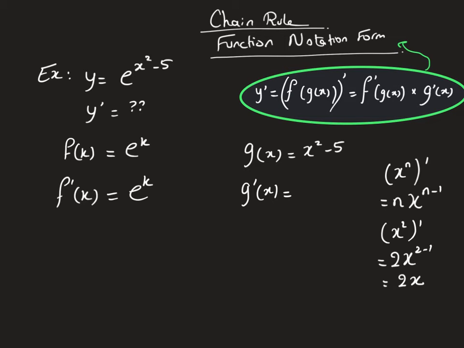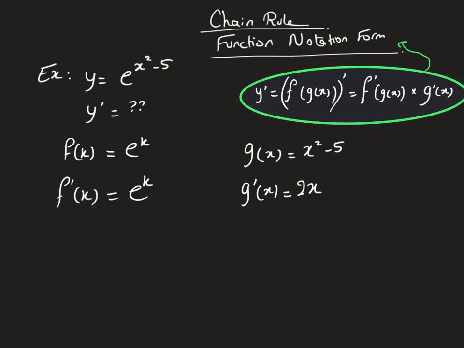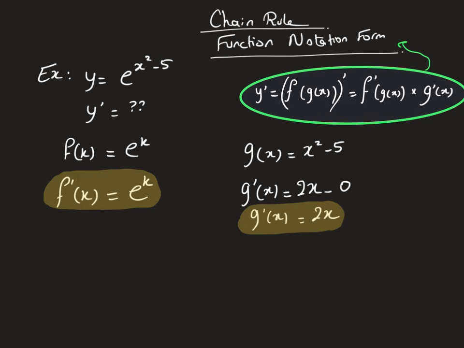So the derivative of the function g prime of x is the derivative of x squared, which is 2x, minus the derivative of 5, and we know the derivative of every constant is 0, which is equal to 2x. So here we found f prime and g prime, and we're asked to find y prime. Let's substitute f prime and g prime in order to find y prime.